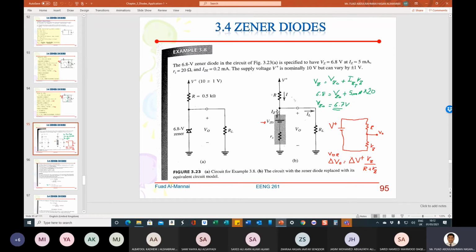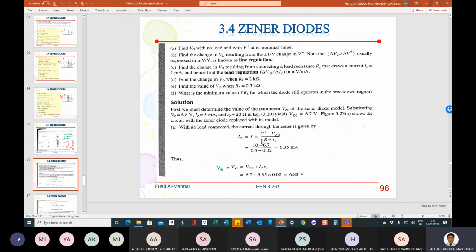Remember, I and IZ are equal. They are the same, right? Solve for IZ or I, and that will give you I equal to 6.35 milliamp. That's the current flowing through the Zener diode when VCC is equal to 10 volt.